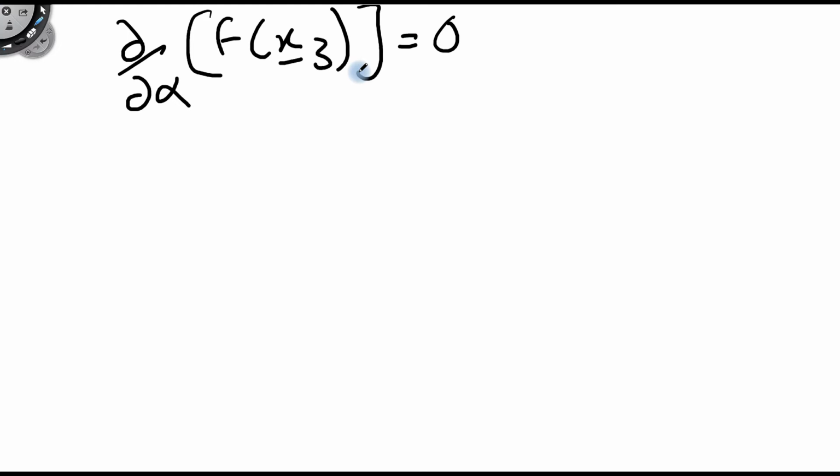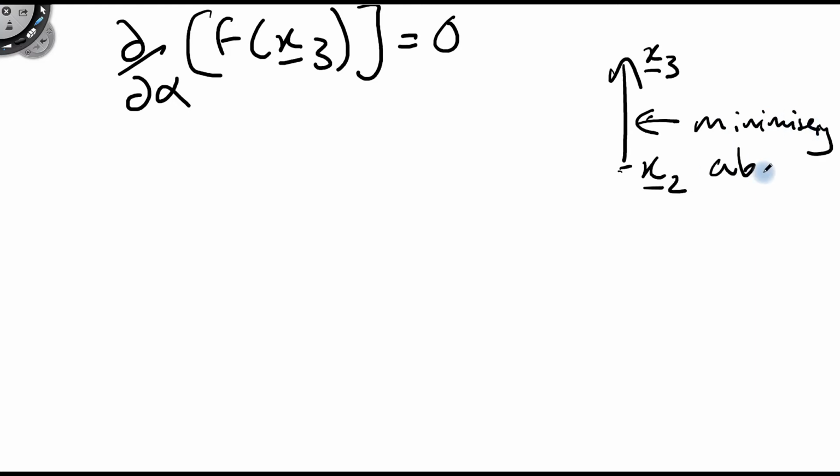Remember, what we're doing all the time is we constructed a trajectory across this function ending at x3, starting at x2, and rather than minimizing the function anywhere, we're minimizing it along this trajectory. And we're minimizing with respect to alpha.